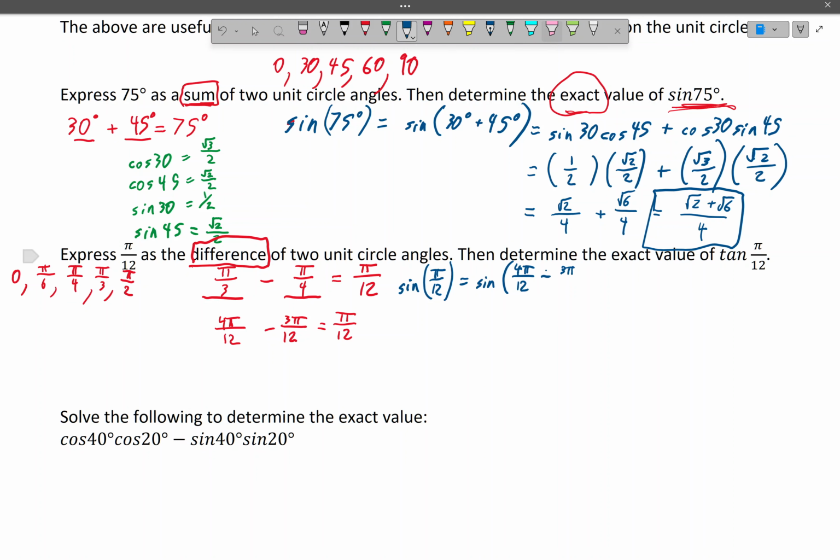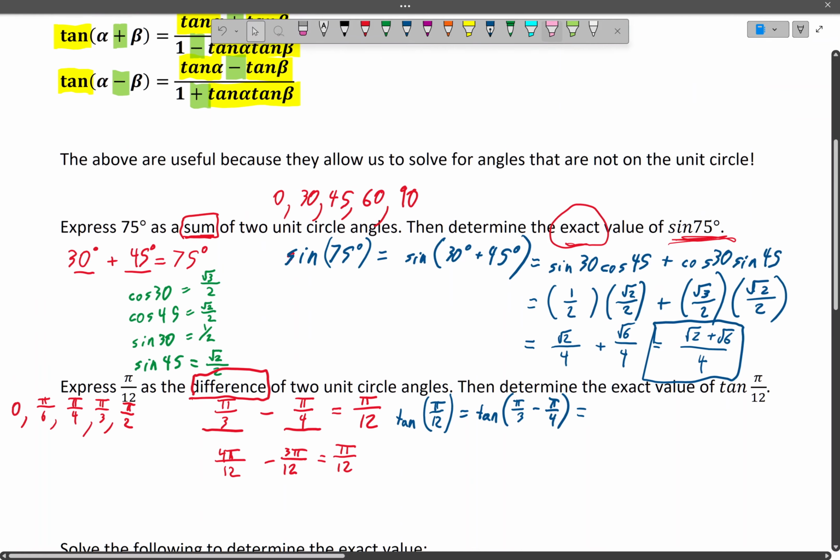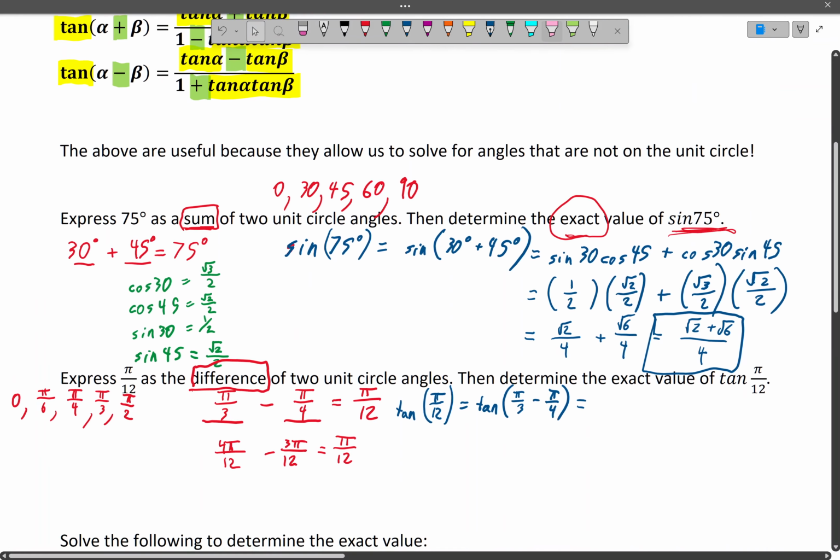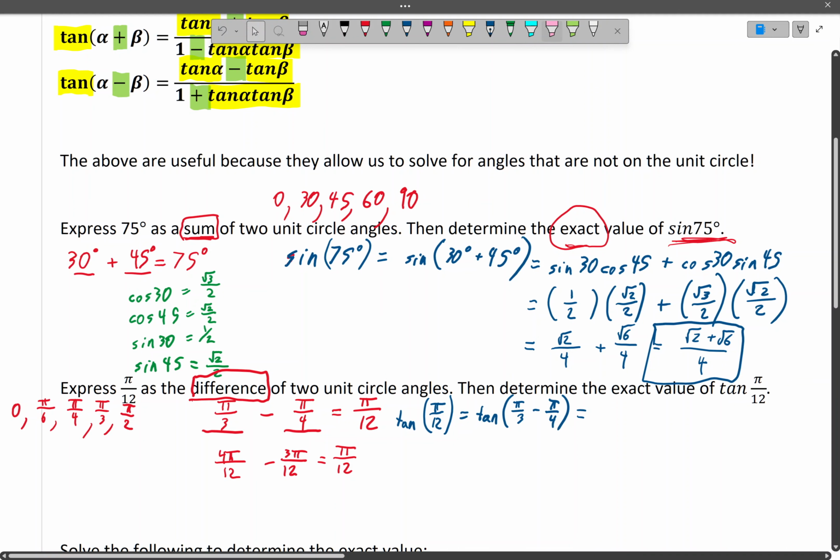Did I do sine? Oh, I want to do tan. For now, nothing is different, we're just writing tan instead of sine. 3 pi over 12. Oh, which is fine, but we're not going to use those. We're going to use the original, so pi over 3 minus pi over 4. Okay, so all that to be said, we're going to use the tan difference, which is the bottom one there at the top.